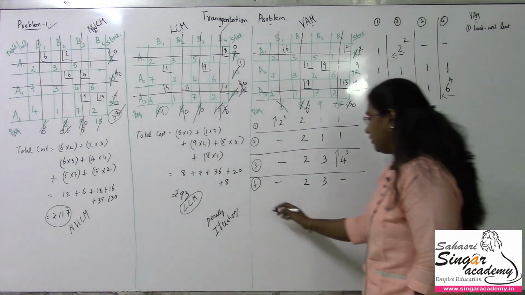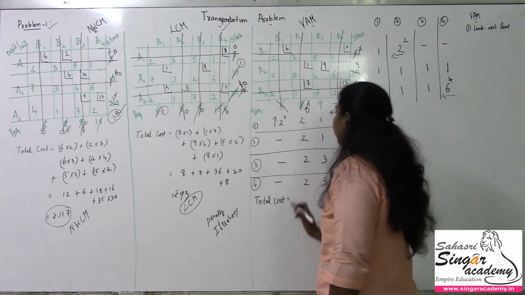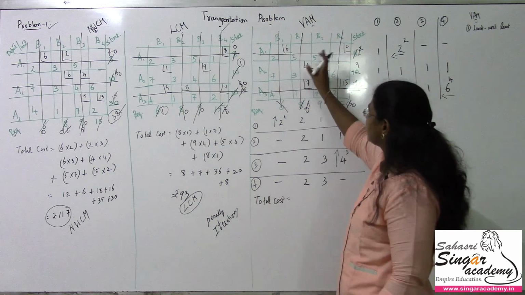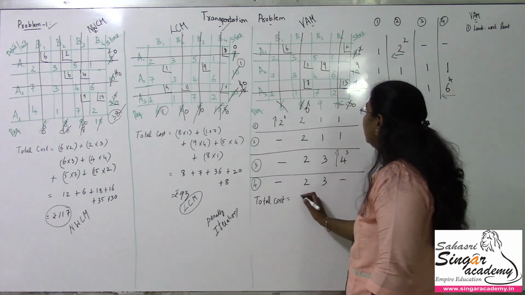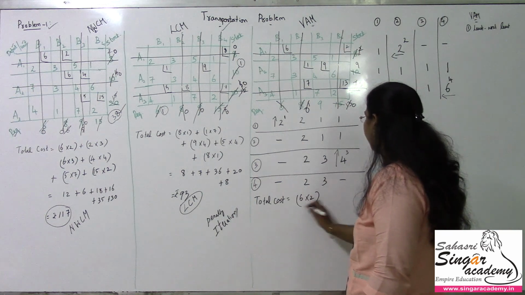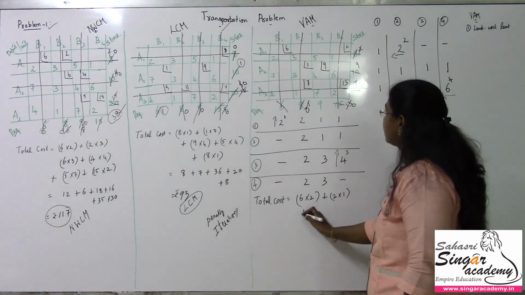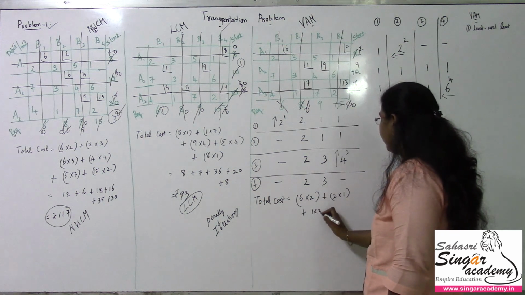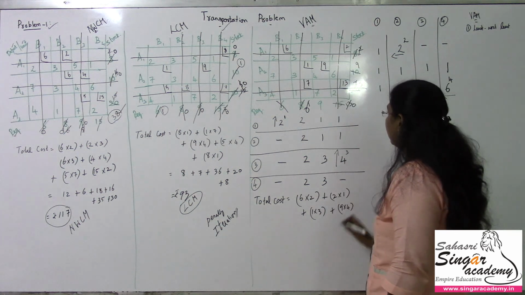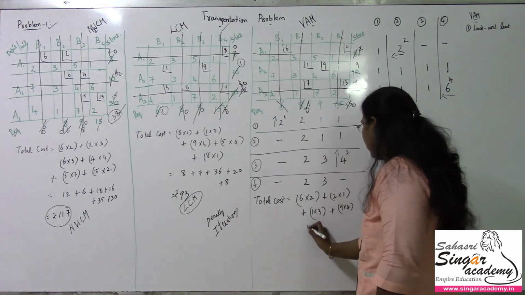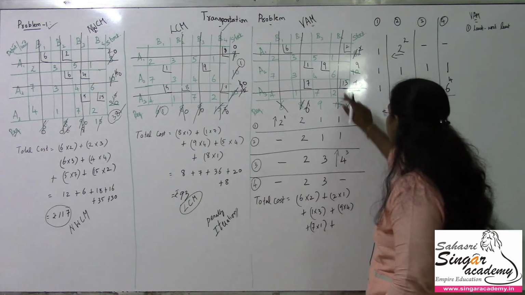So I have to find the total cost. Let me go for finding the total cost. Okay, fine. With respect to rows, you go in any order, there is no hard and fast rule. Let me go for this case first. 2 rupees and 6 units, so 6 into 2 plus 2 into 1, plus 1 into 3, plus 9 into 4, 4 rupees and 9 units, plus here 7 into 1, plus this one 13 into 2.